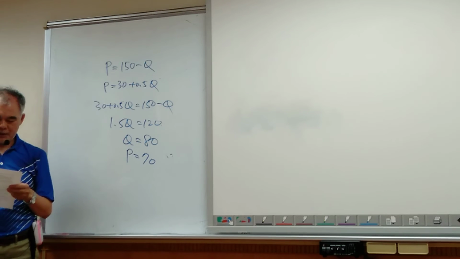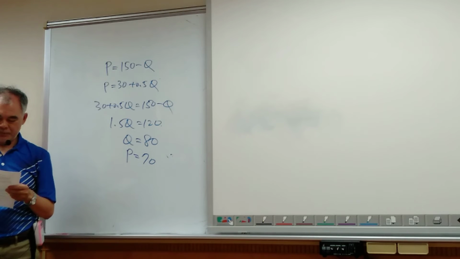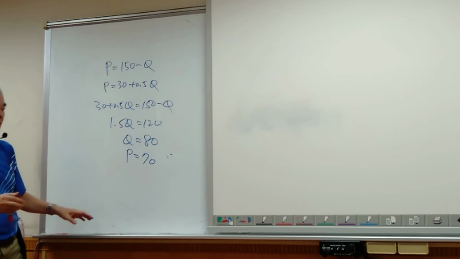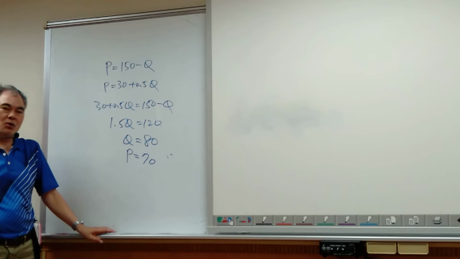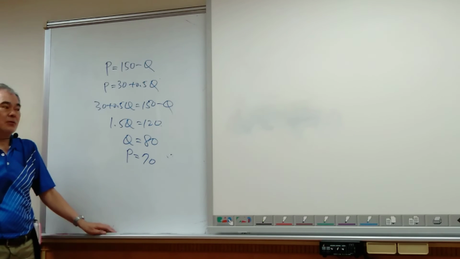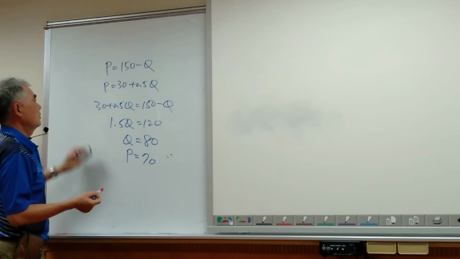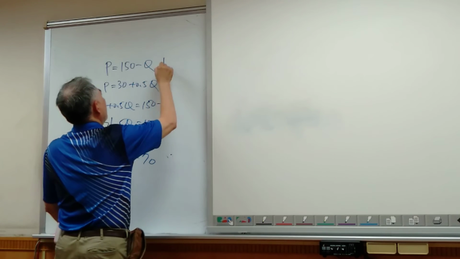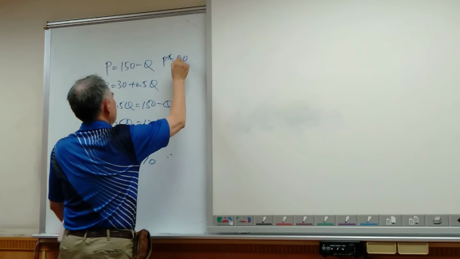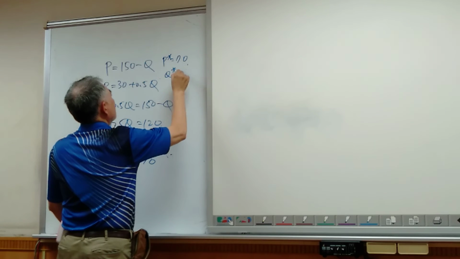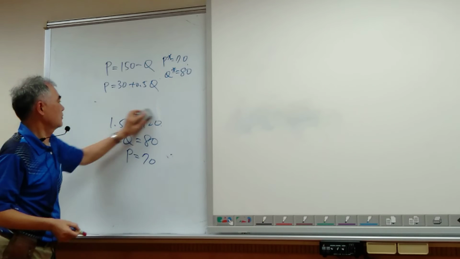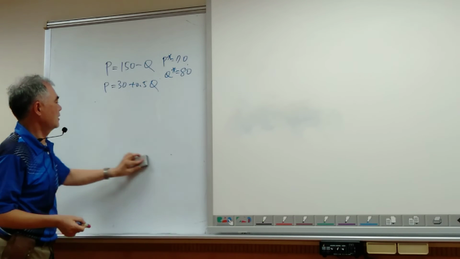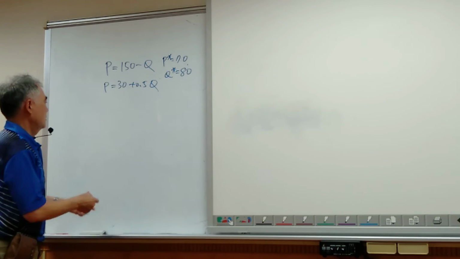So from question 19, suppose the government sets a price support at 85, then the cost to the government. Okay, so basically we need to draw a diagram, and that's going to help you figure out what's going on here. So let me put down P star is equal to 70 and Q star is equal to 80. And let's try to figure out what's going on in the diagram.